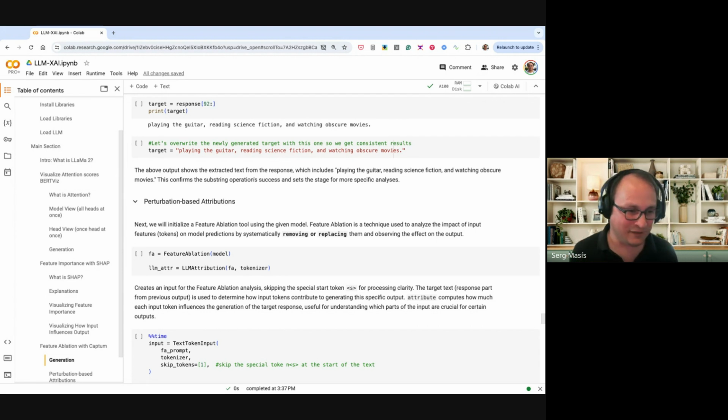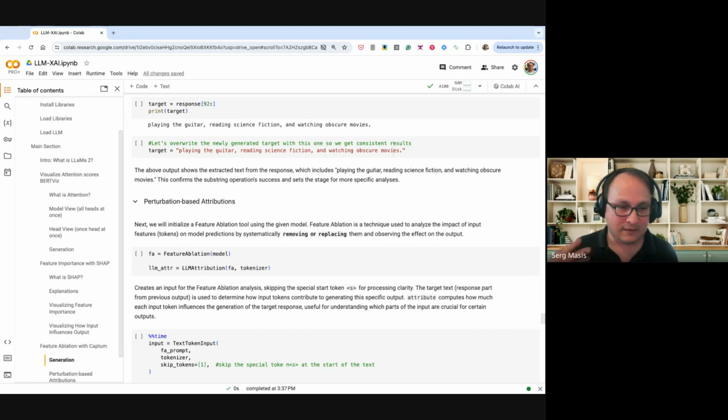Generally, ablation would mean removing the token altogether. If we're talking about an image, I'm just going to take a piece of the image and replace it with a white block. That's what ablation would mean in the context of an image. In the context of text, it means removing the token altogether. So what happens to the output when I remove the token?